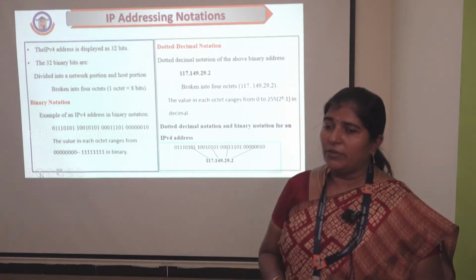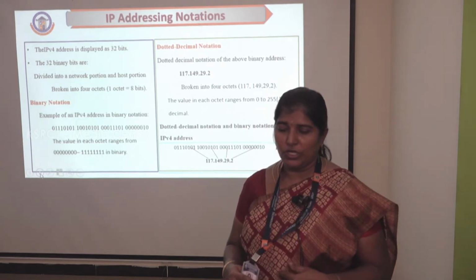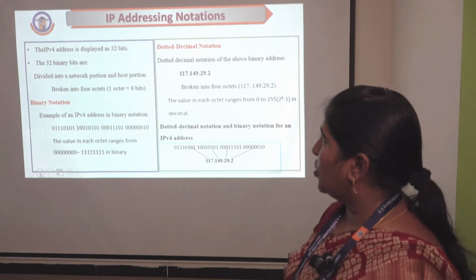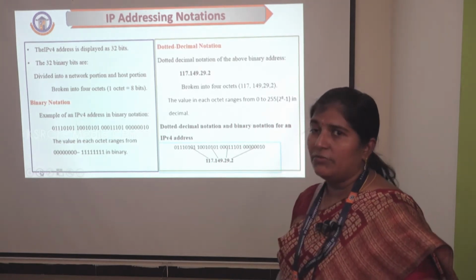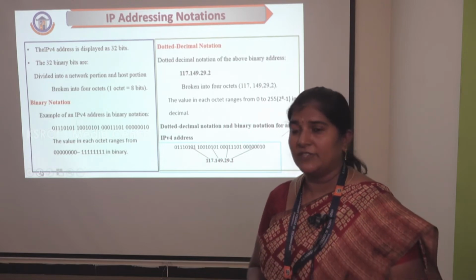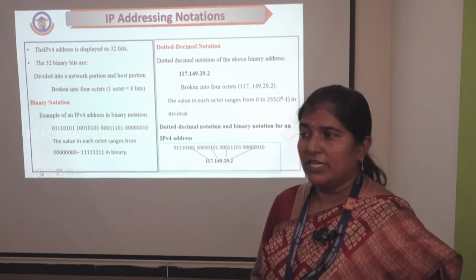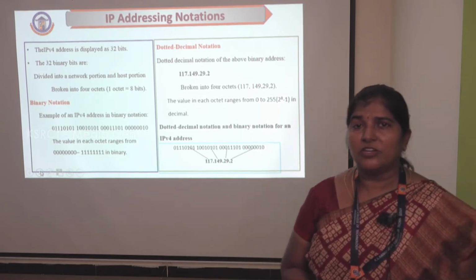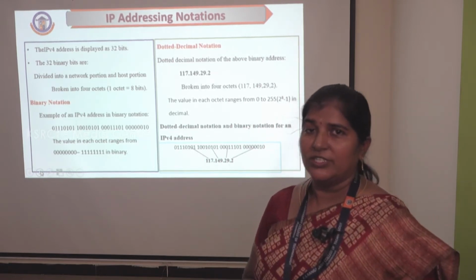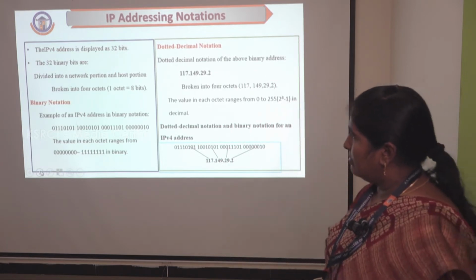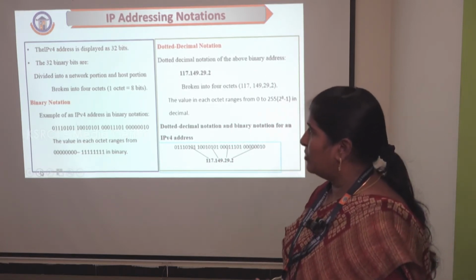Generally, an IP address can be represented in two notations: binary notation and dotted decimal notation. In binary notation, the addresses are in the form of bits.